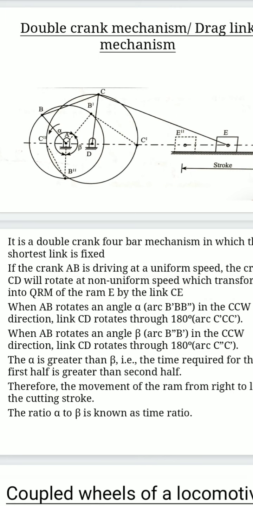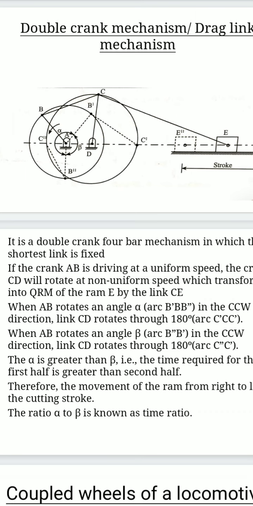You can see the arc C dash C dash in the figure. And when the link AB rotates through an angle beta in the counterclockwise direction, the link CD rotates through 180 degrees here.